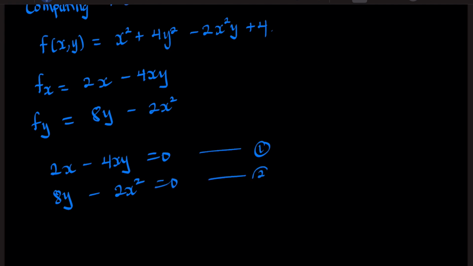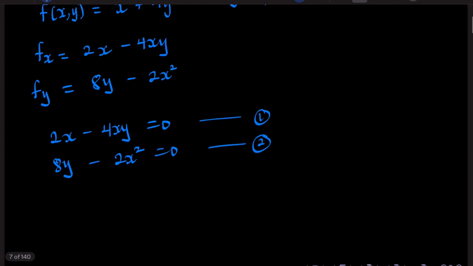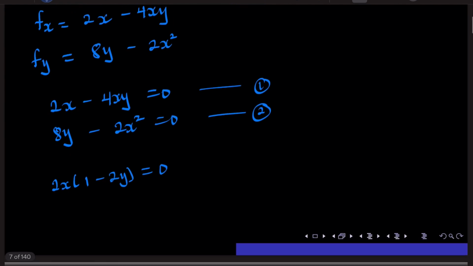Then we call this equation 2. So from equation 1, we can factorize 2x out, which is going to give us 2x times 1 minus 2y is equal to 0. So that's 2x is equal to 0, or 1 minus 2y is equal to 0.